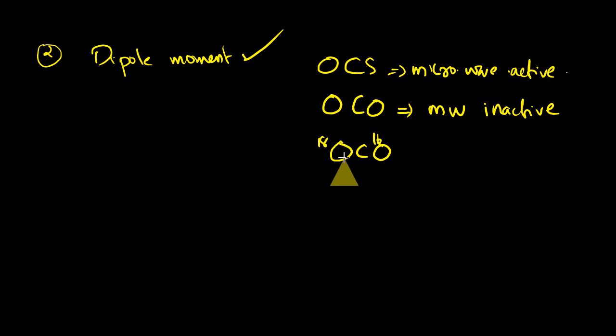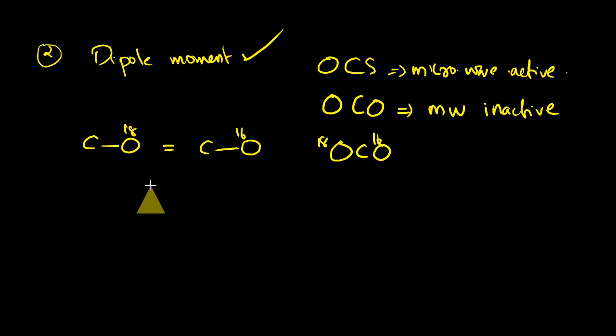Here you have to understand that making an isotopic substitution is not going to bring any change in the bond length. That is, the carbon-O18 bond length will be equal to the carbon-O16 bond length. The isotopic substitution does not bring any change in the bond length.